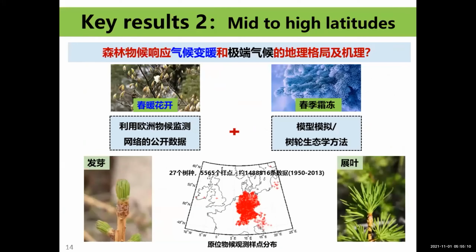The second key result I would like to show is how we found tree phenology responded to climate warming during the past decades, especially the past 40 years.